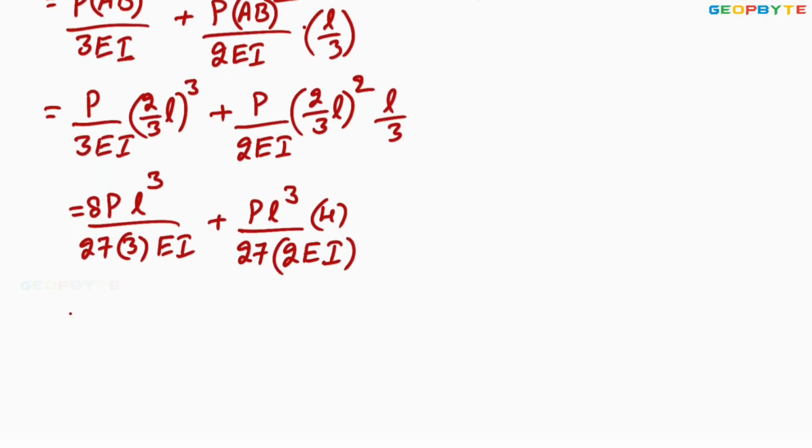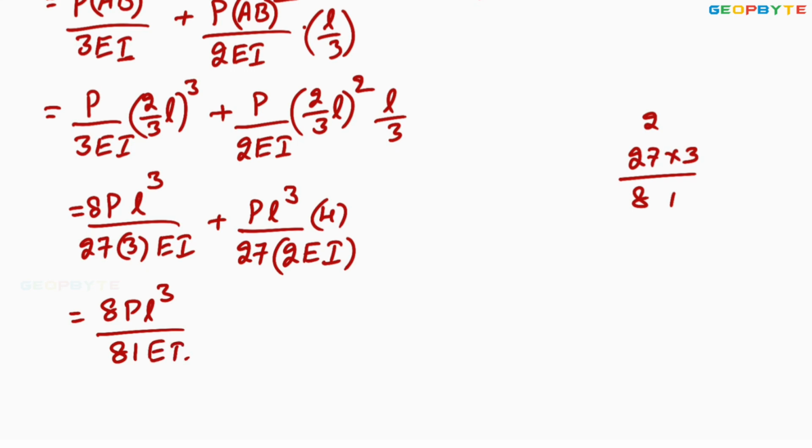You simplify this value, it is equal to 8PL cube by 27 into 3, 81 EI, plus 2PL cube by 27 EI.